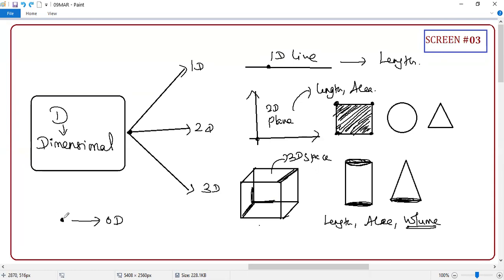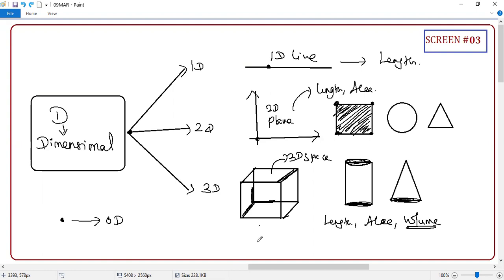A point cannot move in any direction. So a dot is called zero dimensional, student. It cannot move anywhere and does not have length, area, nothing. It is called nothing, but from nothing all other things are created. Okay, so now I'm going to go to the next screen.